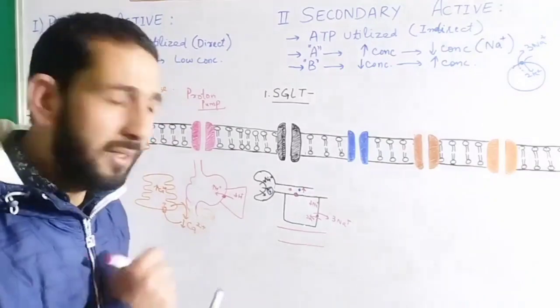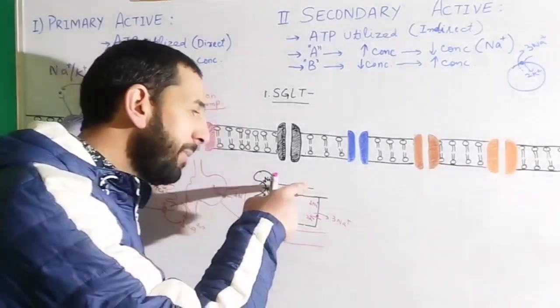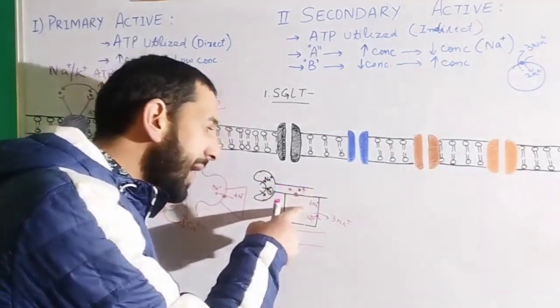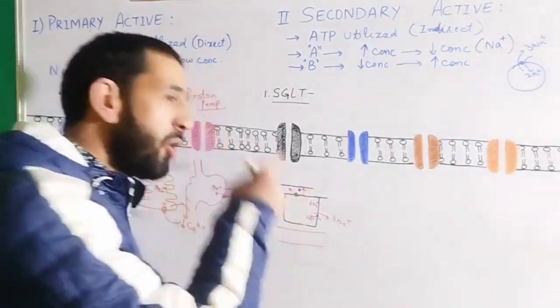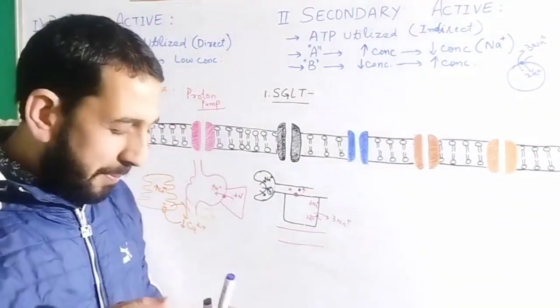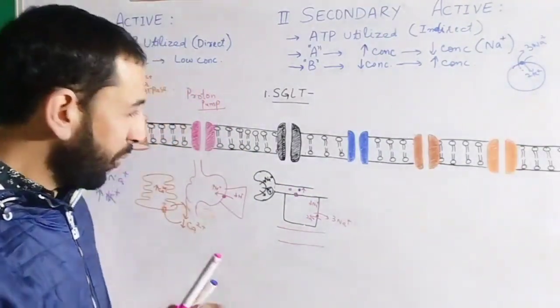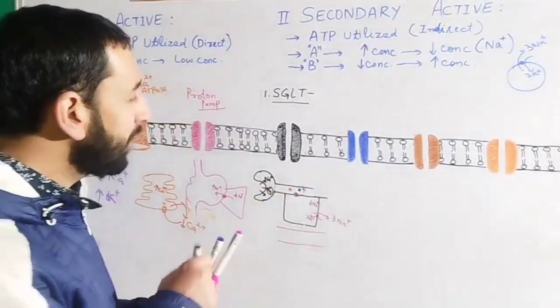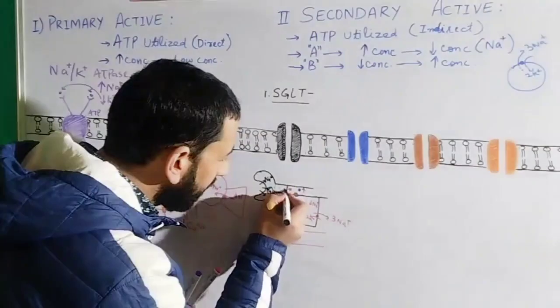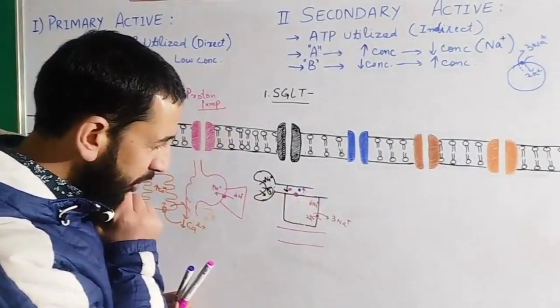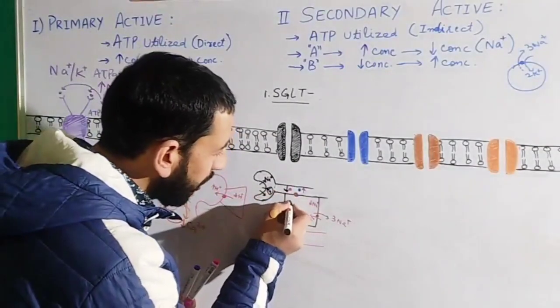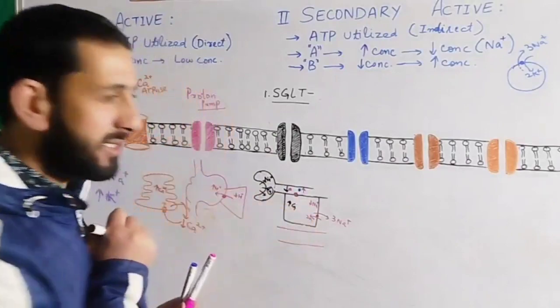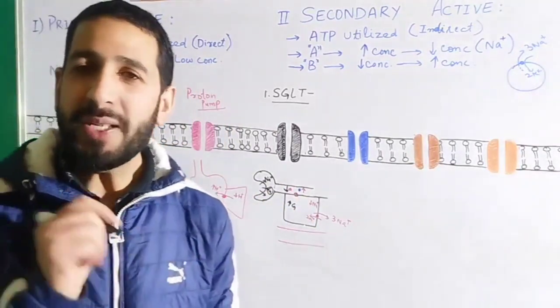What does that mean? That we have to take sodium from the lumen into the cell, from high concentration to low concentration. Right, but when we talk about glucose, glucose in the lumen is in low concentration and glucose inside the cell is in high concentration. So what does that mean?